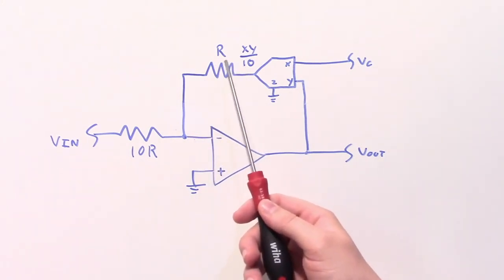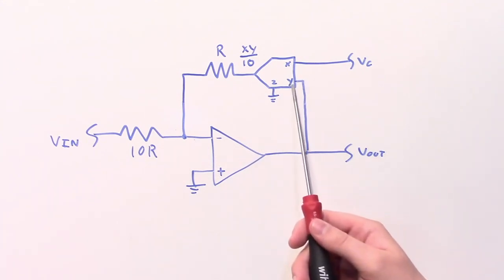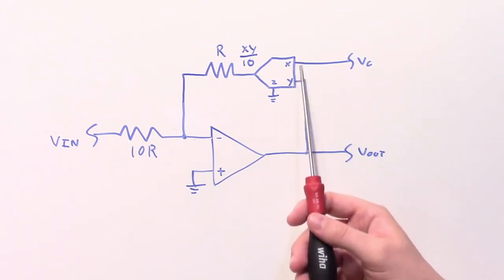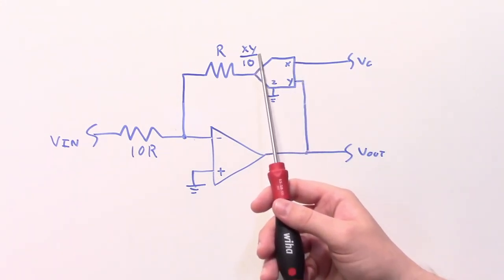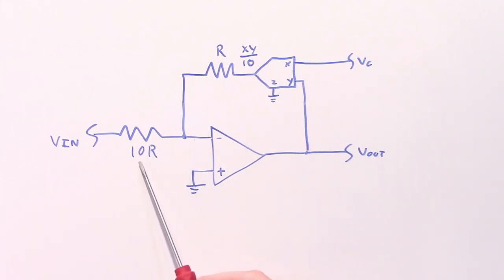So the smaller the resistance, the more current goes through it. That's just Ohm's law. So when we stick the multiplier in the feedback loop of this op-amp, we're multiplying the output voltage of the op-amp by some control voltage. So again, this is hooked up to the X and Y inputs, and the output of the multiplier is going to be XY divided by the scale factor of 10, hence why we again have the 10:1 resistor ratio here.